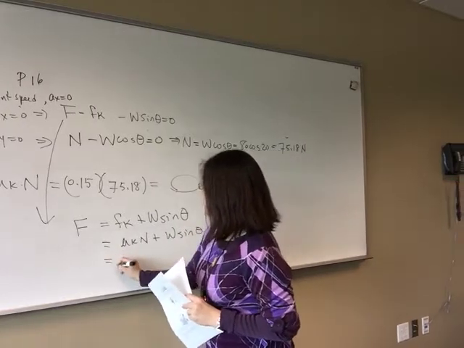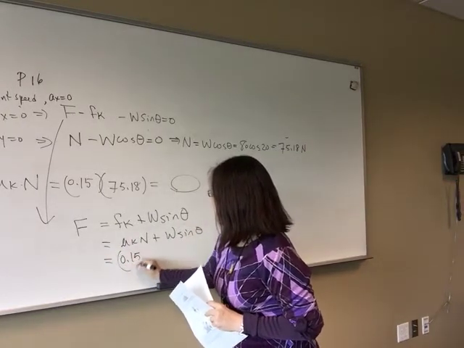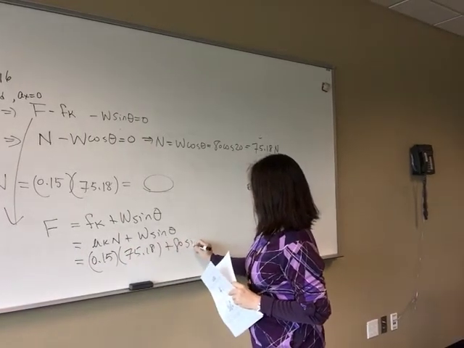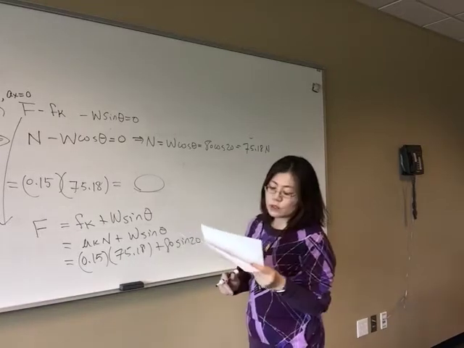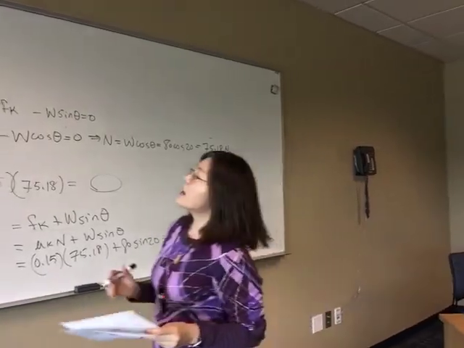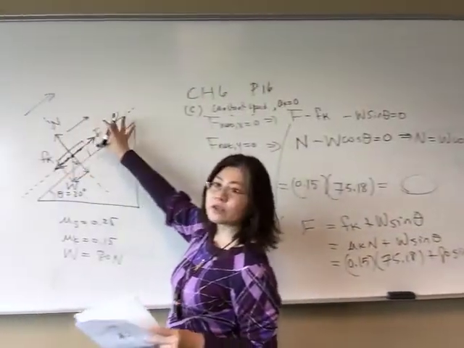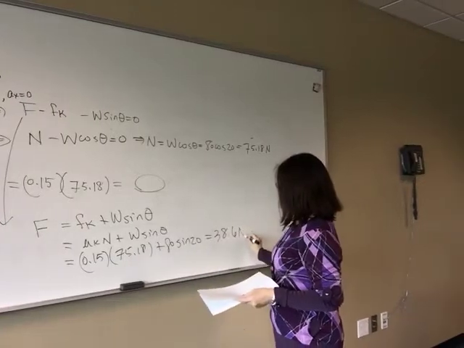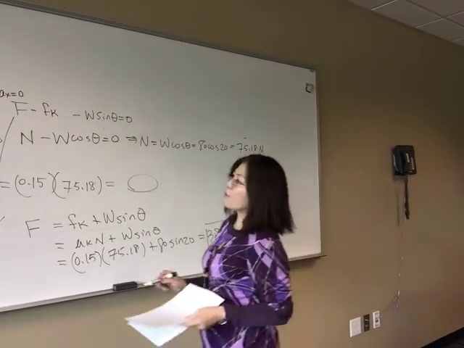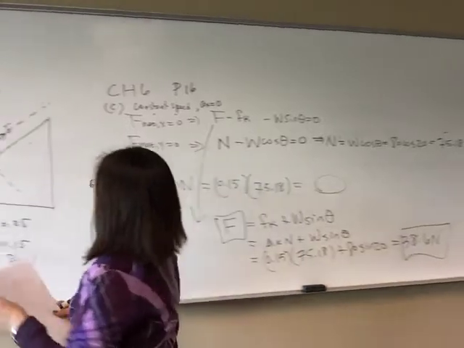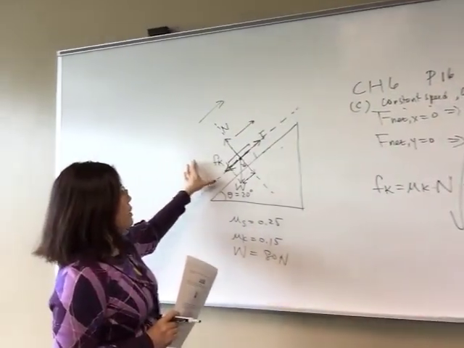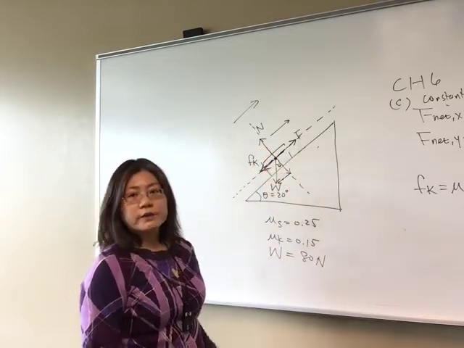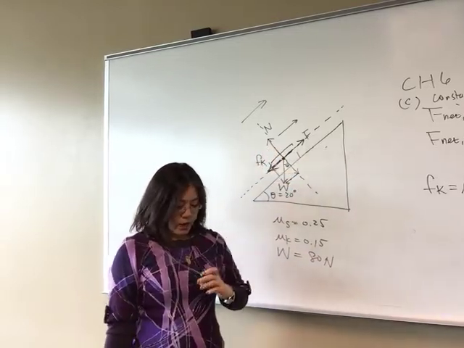So after you plug in the numbers, I can just rewrite it here, 75.18, and then plus 80, and then sine of 20 degrees. So the force that you apply, so the whole thing is moving at a constant speed, is equal to 38.6 Newton. Okay, so that's a force. That's a force that would be just to have the whole thing moving upward and at a constant speed. Okay, so that is that.